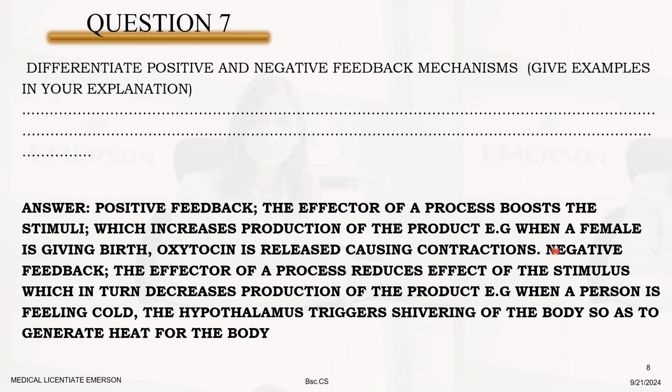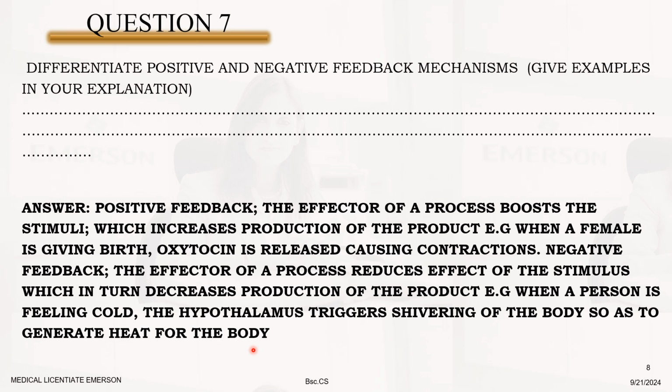Whilst in negative feedback, the effect organ of a process reduces the effect of the stimulus, which in turn decreases production of the product. For example, when a person is feeling cold, the hypothalamus triggers shivering of the body so as to generate heat for the body.